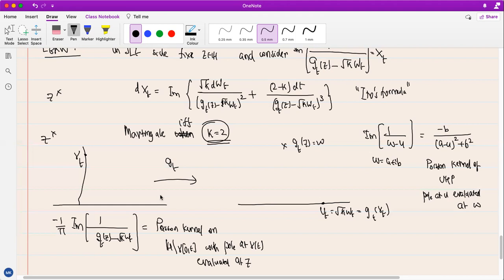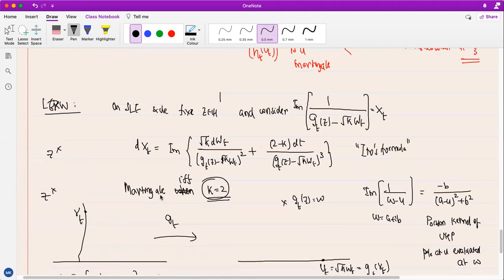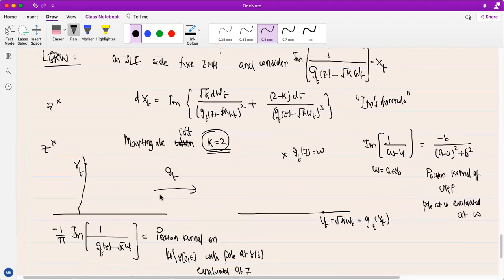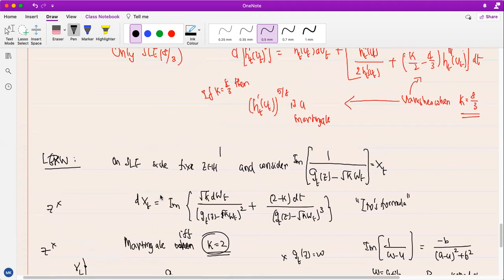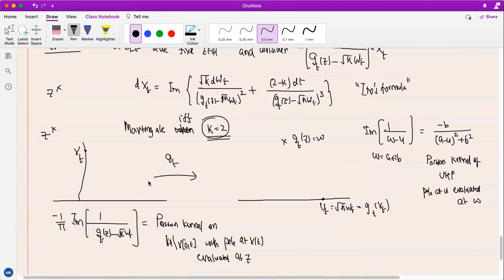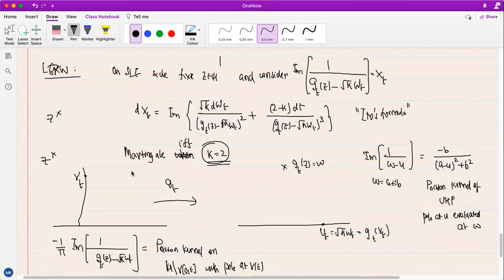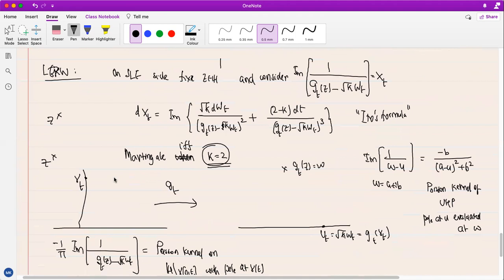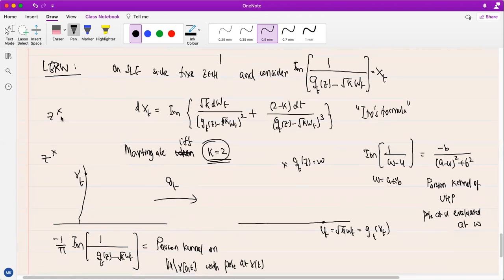Now, how is it related to the random walk? This is the basic point. Actually, I will just end with this point. What is the Poisson kernel evaluated at Z in some sense?